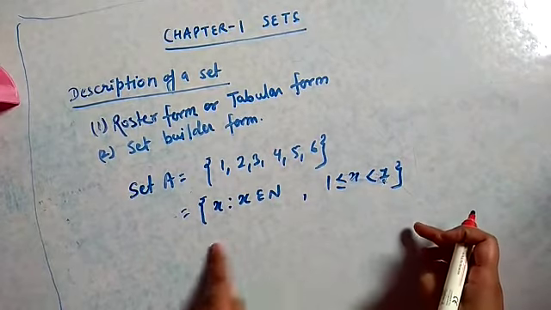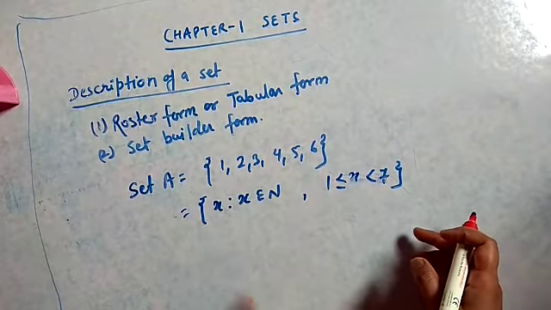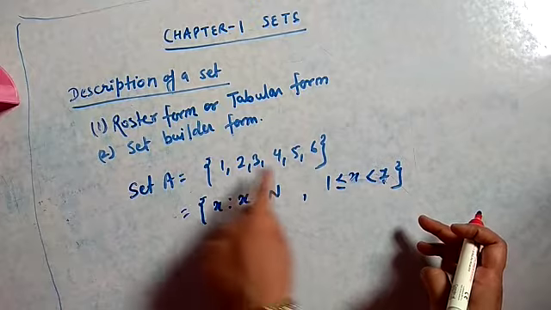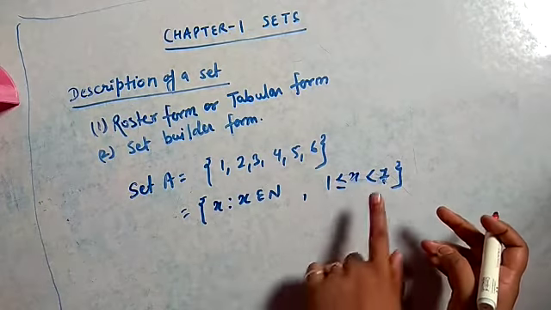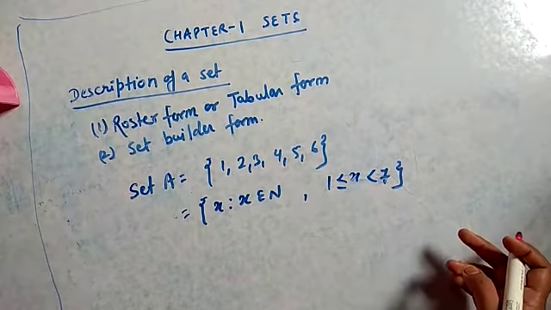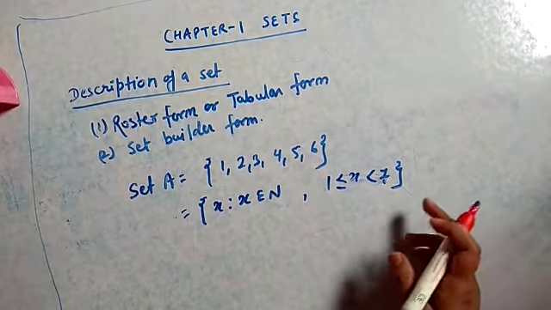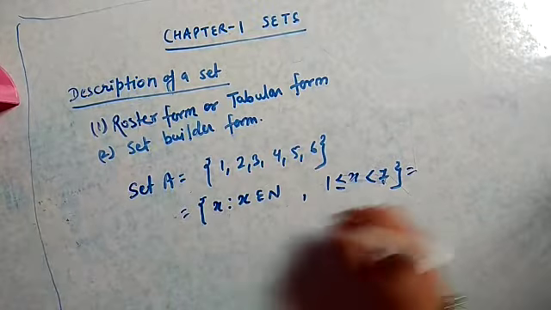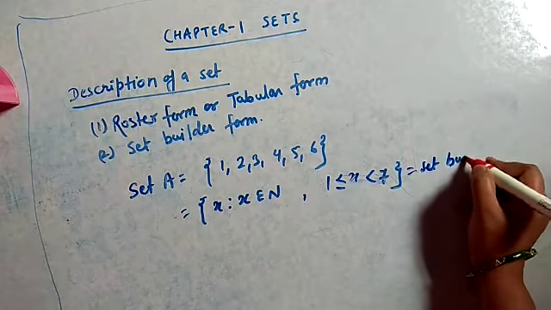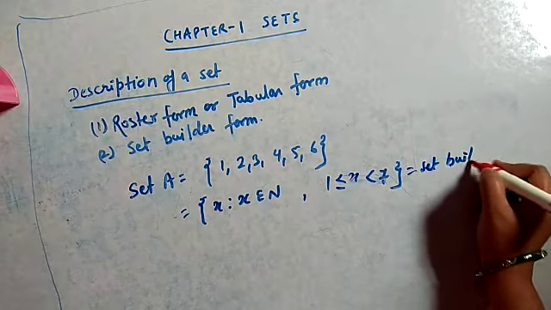So by reading this also you will get these elements. Here I have mentioned the properties of these elements, that we have natural numbers which are greater than or equal to 1 but less than 7. So this is the set. This method of writing the set is said to be the set builder form.